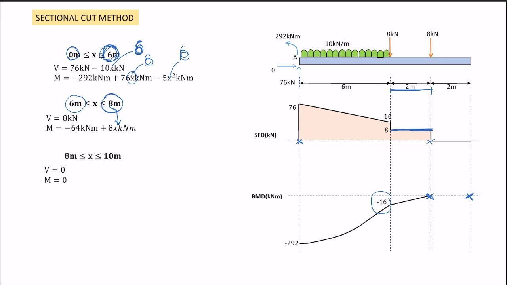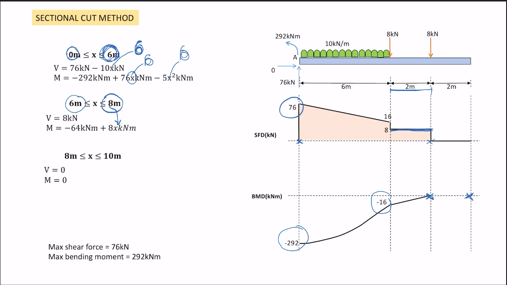Siaplah our SFD and BMD. Next, kita akan tengok the maximum shear force and maximum bending moment. Right, so our SFD and BMD sama je macam the graphical method. It's just that kelebihan dia, you can get the value kalau you nakkan value.